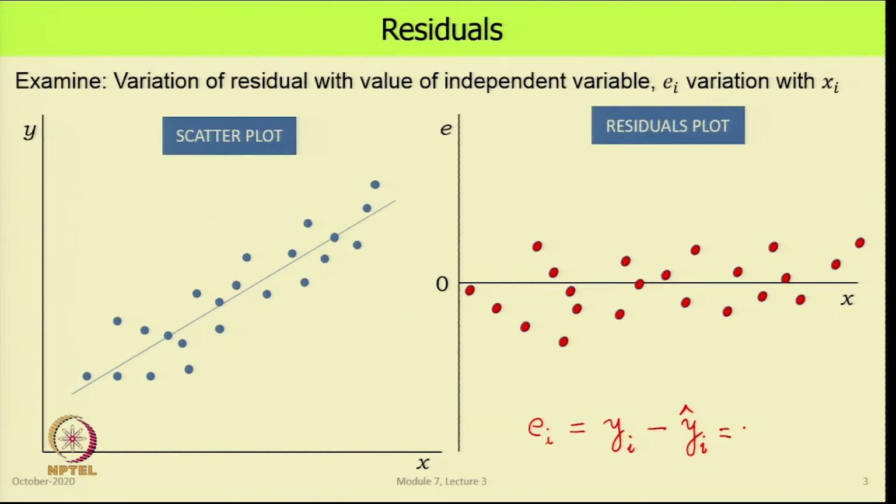To make it more clear, we could even write this as y_i minus y hat, which means the predicted value from the sample correlation at x_i. And we saw one use of the residual in developing the methodology for getting the regression constants.